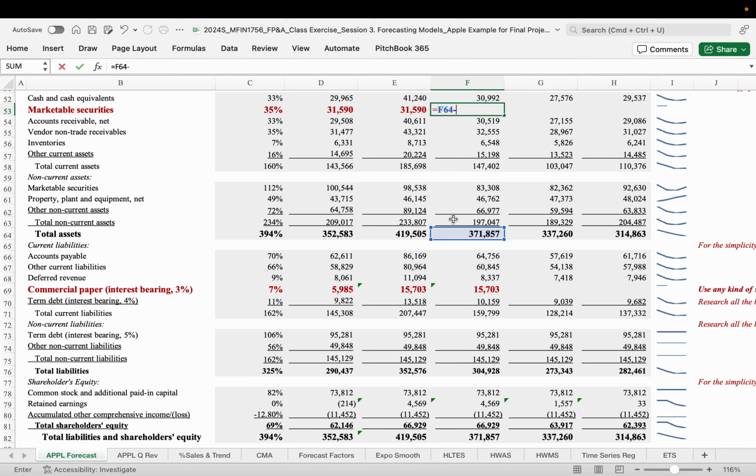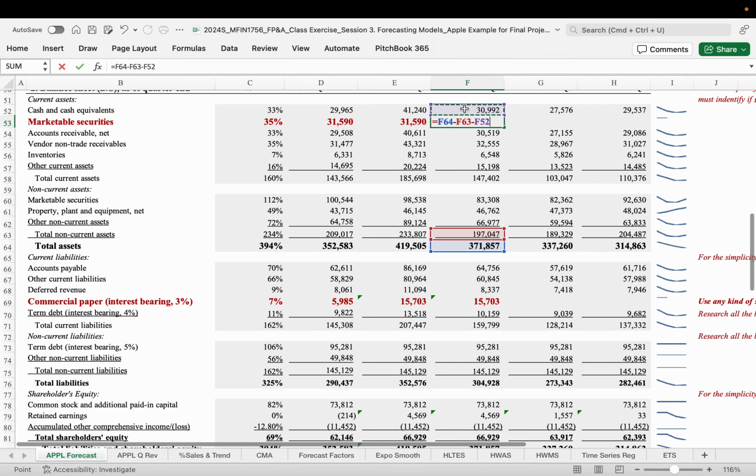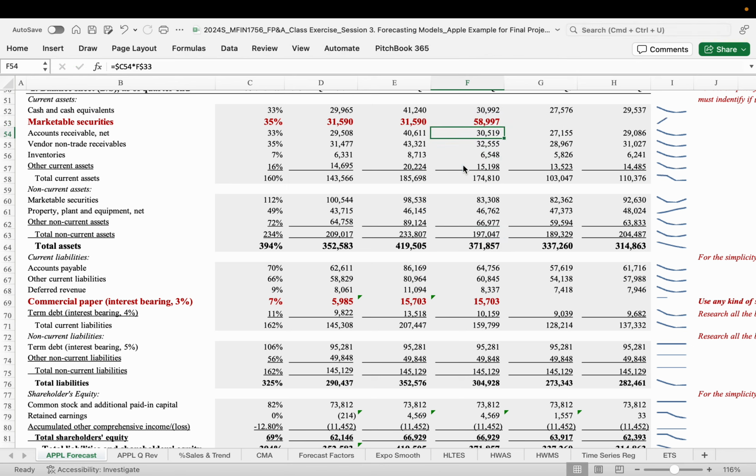Now total non-current asset, now minus. We cannot use total current asset. Instead, we have to put its components of the current asset so that we can plug in. So now they're marketable securities because they have more asset. This is kind of excess cash, right? So now they have the marketable securities, the $58 billion, right?